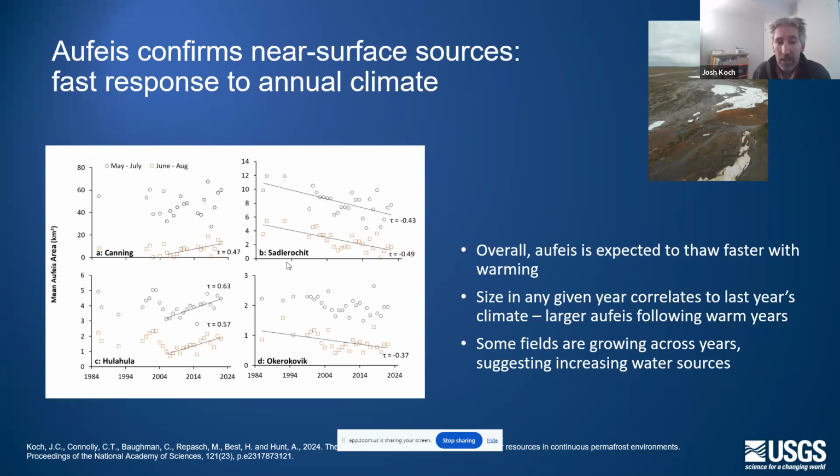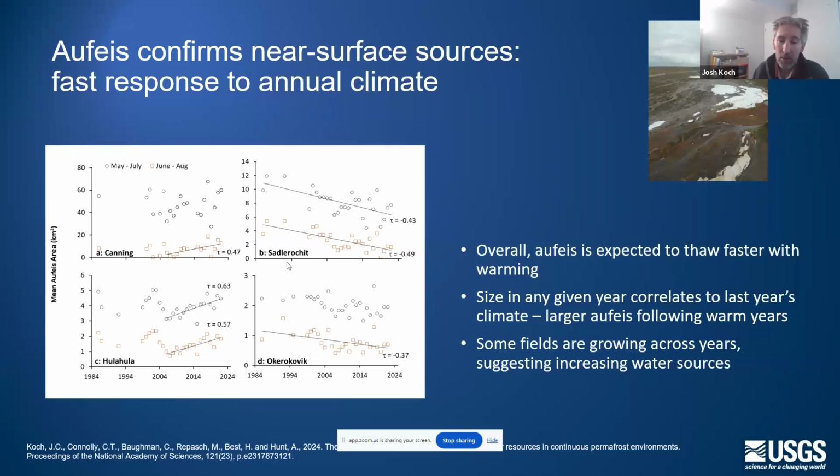The other interesting thing is the difference in the trends over the last several decades. Some of our aufeis fields are decreasing in time, and this is pretty consistent with the idea that we have maybe more winter flow, which means less aufeis formation, or we have warmer springs leading to faster thaw. But in some cases, our aufeis fields are increasing in size.